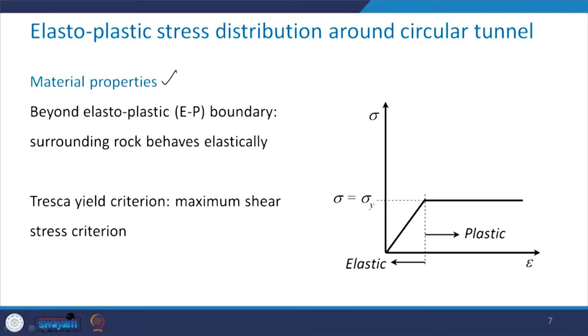Coming to the material properties, beyond the elasto-plastic boundary, the surrounding rock will behave in an elastic manner, as we have assumed that the rock is following Tresca yield criterion, which is the maximum shear stress criterion.